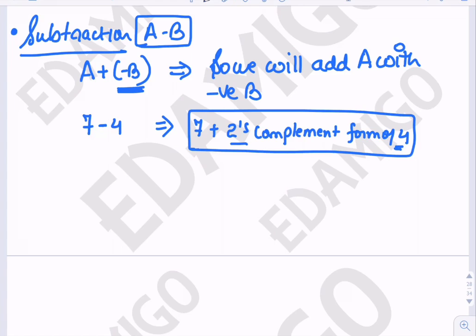So when we add it with 7, we are actually performing 7 minus 4 only. So we will add A with negative B.